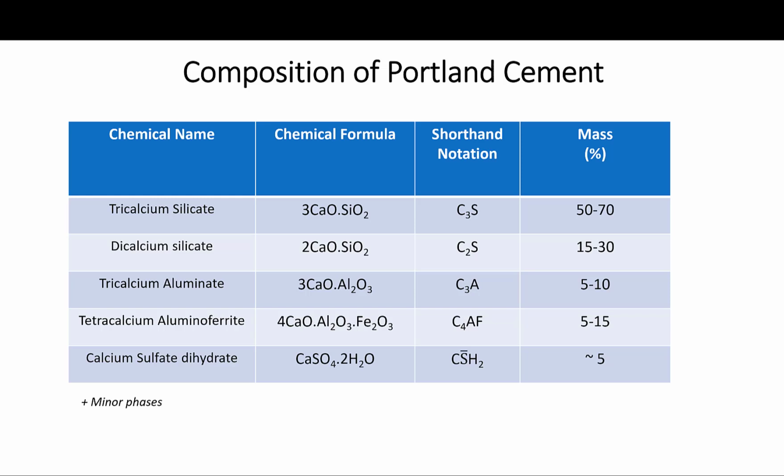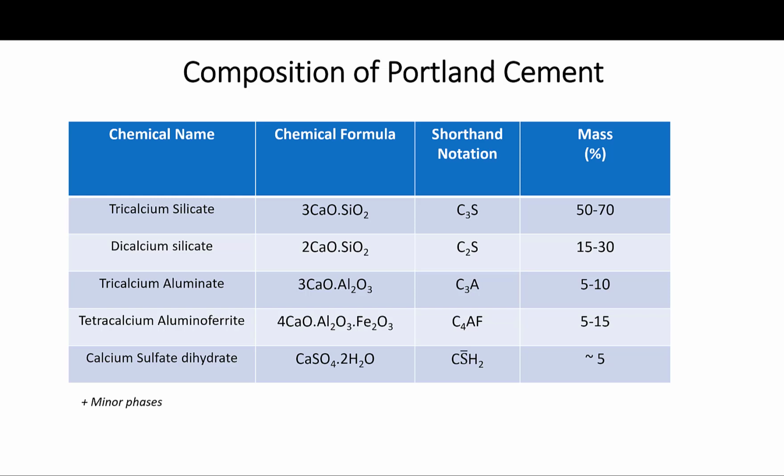It's, as I said, 50 to 70%. Dicalcium silicate, C₂S, or in its impure form B-lite, is about 15 to 30%.